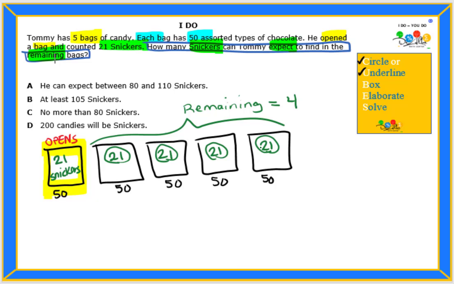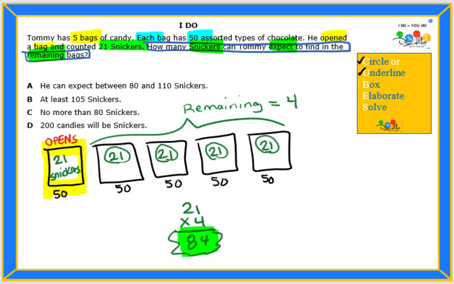So then what does that mean, right? So first of all, we have 21 and there was 4 remaining bags. So we can do 21 times 4, because 21 Snickers in each bag, and there's 4 bags, so that would be 84. Now remember that this is just an estimate, because there could be a few less in each bag or a few more. However, this is our estimate.